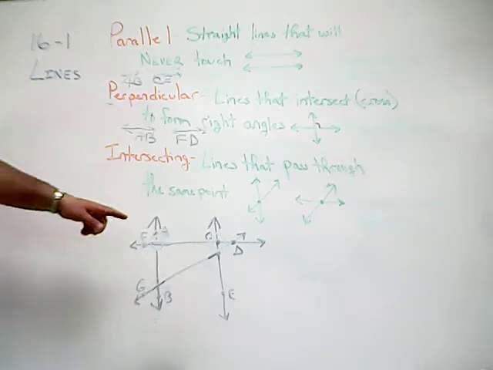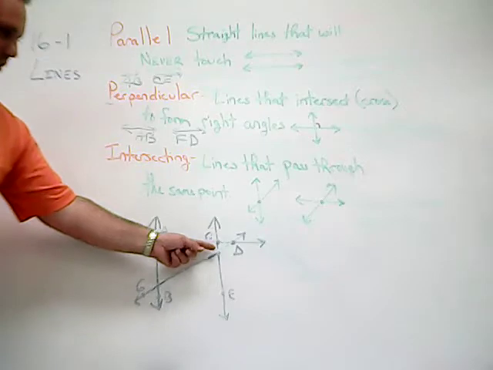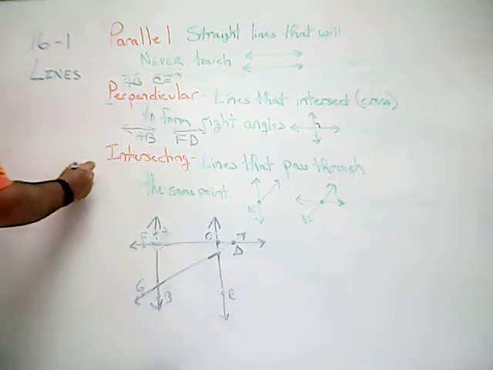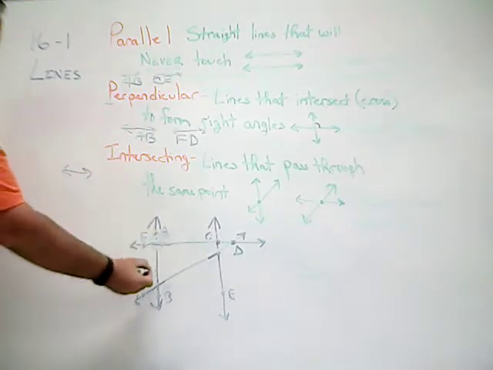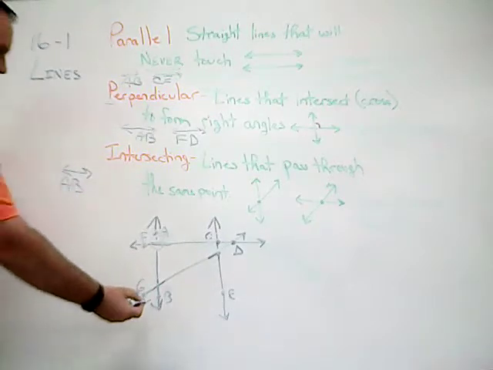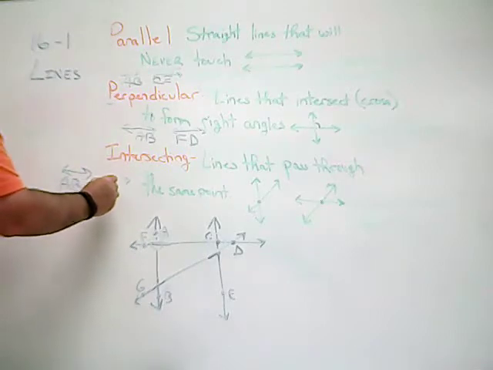I could also do line CE that intersects at this point with line DG. So for intersecting, I'm going to choose this one here, line AB, and that intersects with line DG.